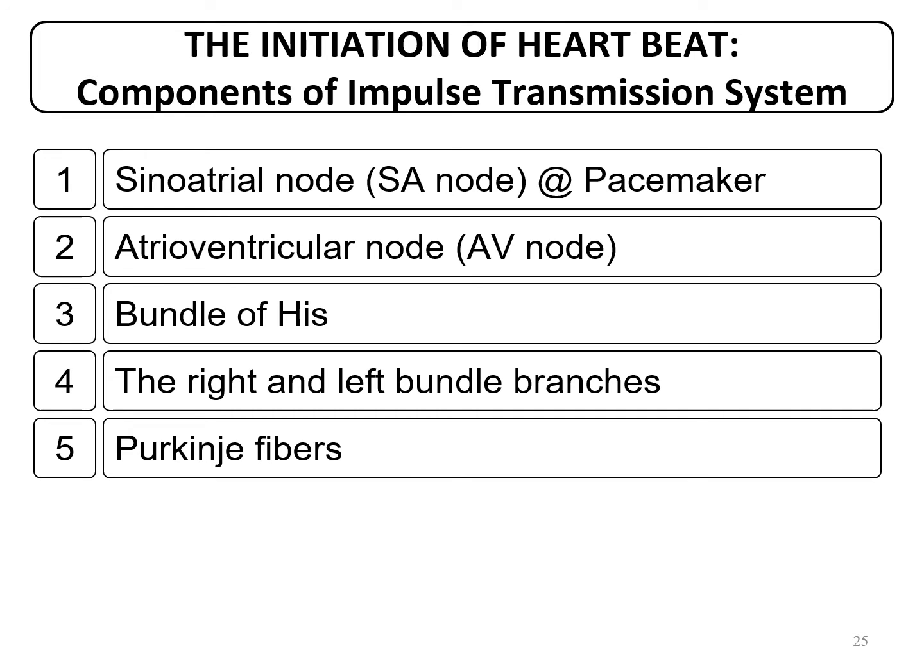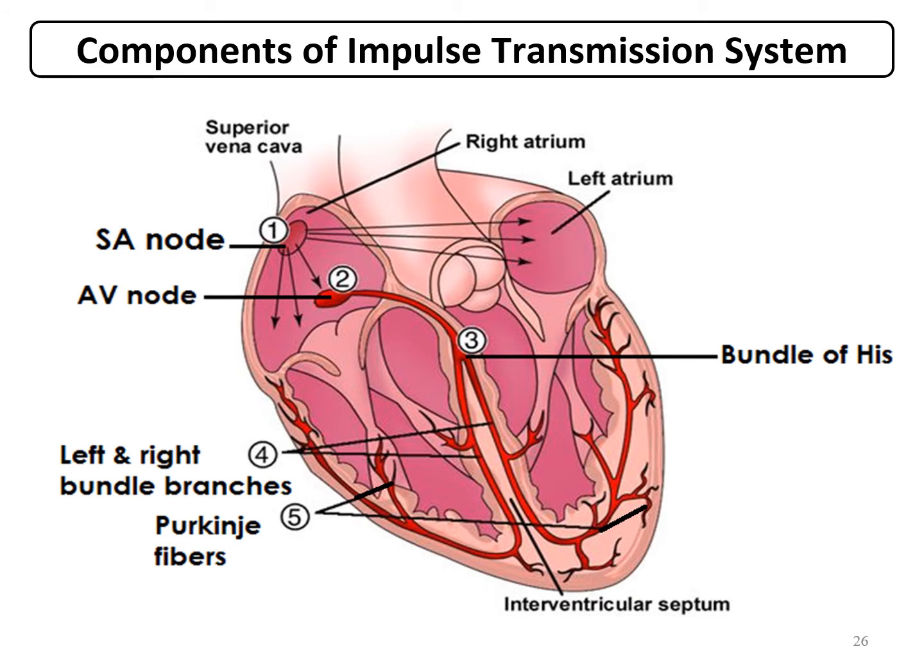The initiation of heartbeat includes 5 components: the sinoatrial node, also known as the pacemaker, the atrioventricular node or AV node, the bundle of His, the right and left bundle branches, and then the Purkinje fibers. So the 5 components are the SA node, or pacemaker. Then we have the AV node at the interatrial septum.